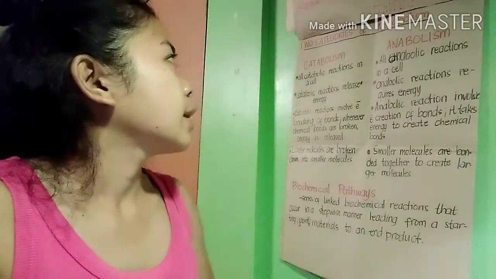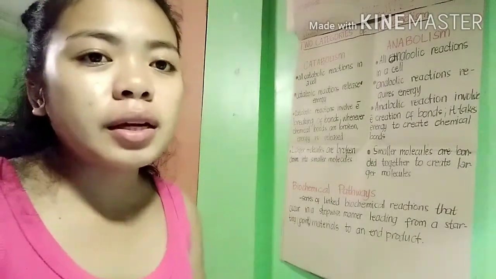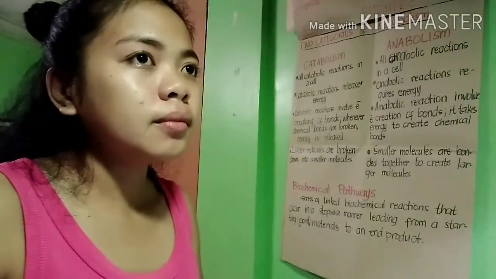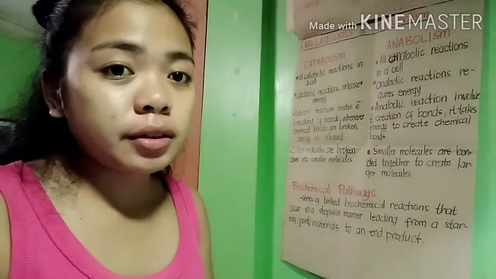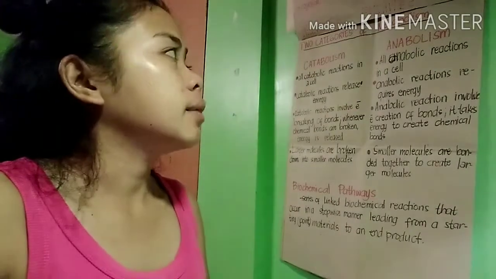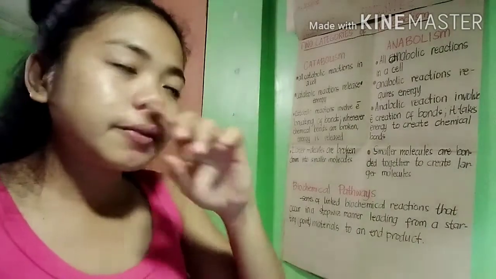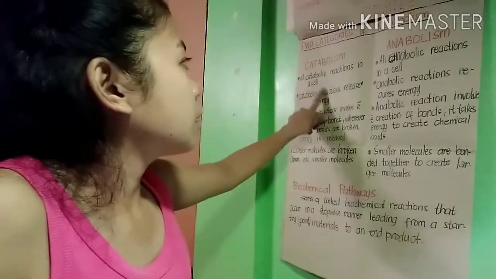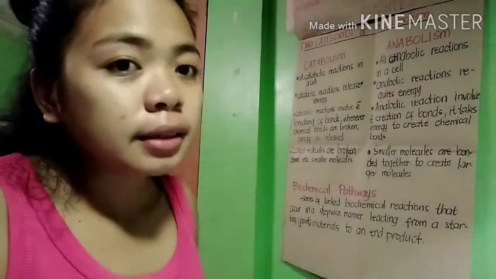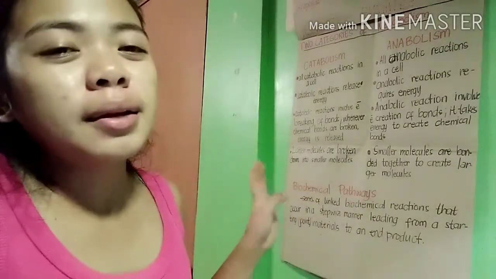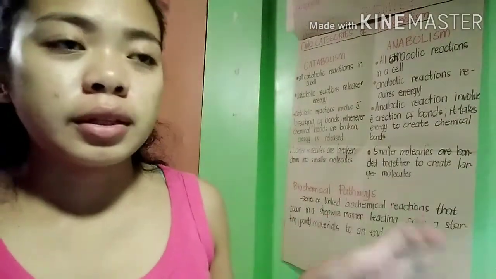Catabolism produces energy, while anabolism needs energy. For the differences, all catabolic reactions are found in cells, while all anabolic reactions are also found in the cells.